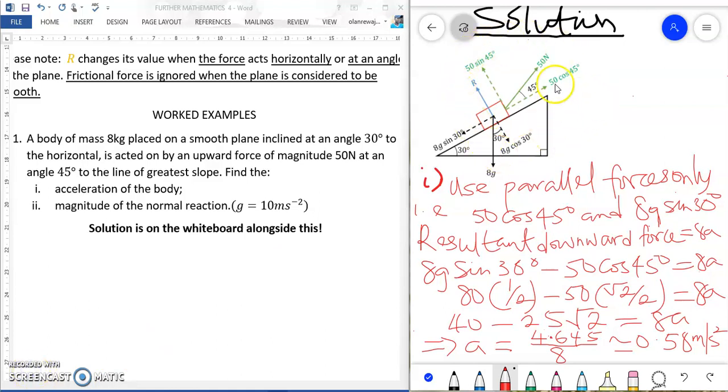And that is the requirement for the second question, which is to find the magnitude of the normal reaction.